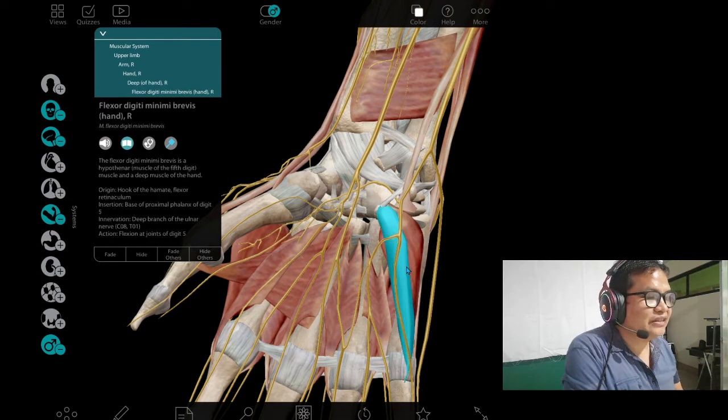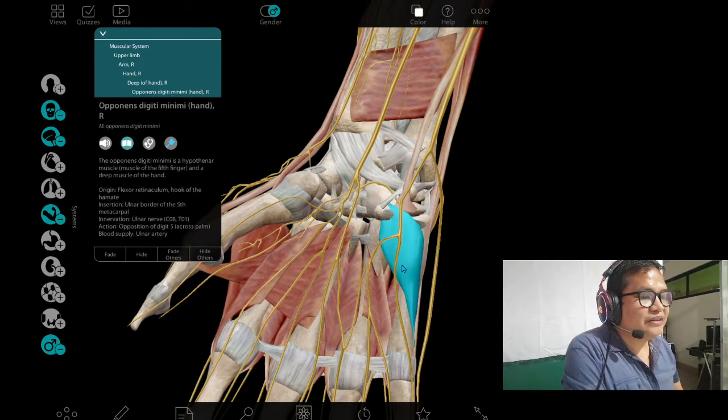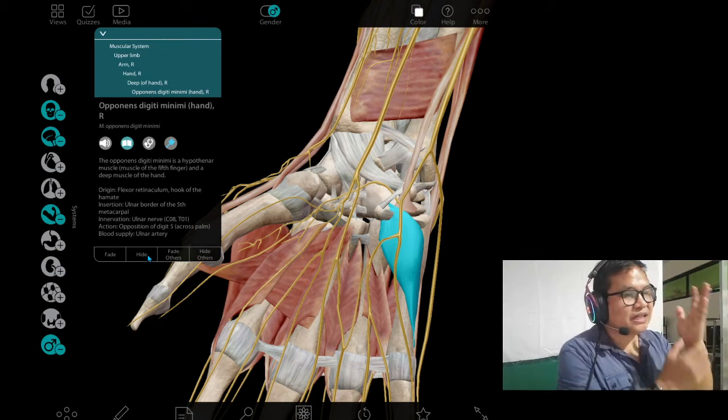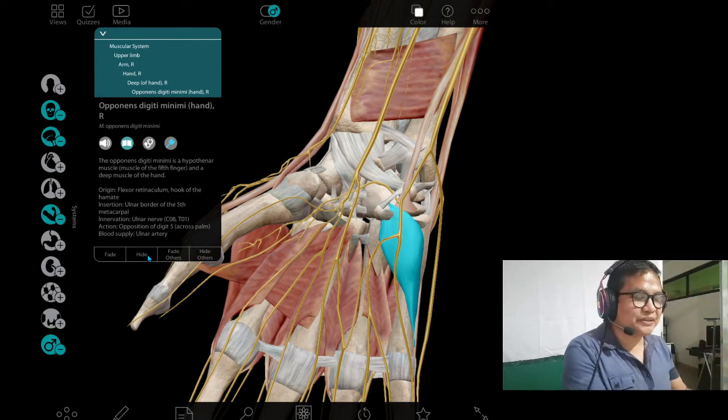Then we have the flexor digiti minimi brevis, from the hook of the hamate, inserting on the little finger. Then you have your opponens digiti minimi, for opposition. These are innervated by the ulnar nerve. So there are three here, and three for the thumb in the anterior.